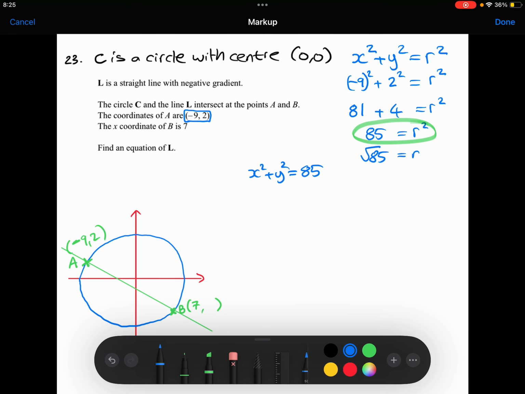And because point B is on the circle, we can use the equation of the circle to help us work out the other coordinate of B. We know the x-coordinate is 7, but we don't know the y-coordinate. 7 squared is 49.